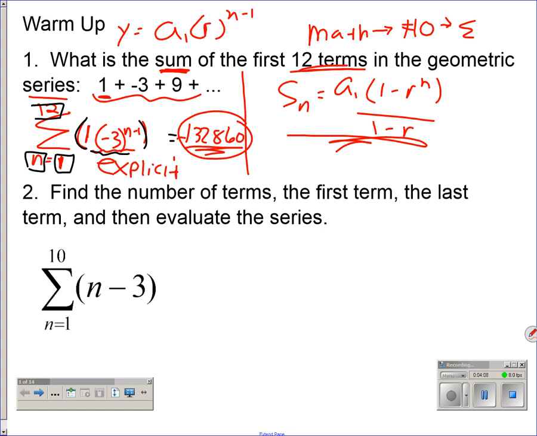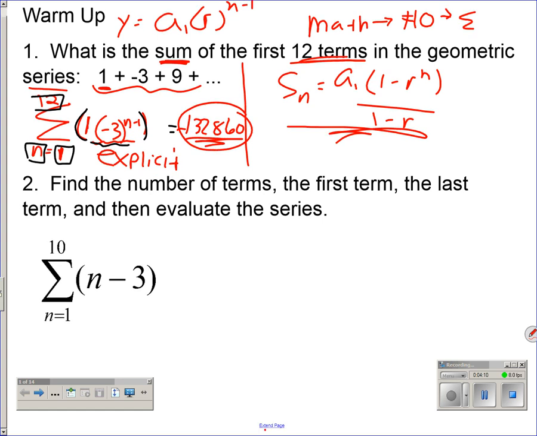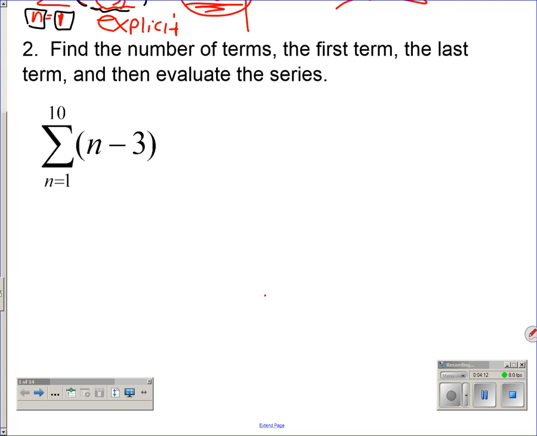Then number 2 is really just being able to interpret and understand what the sigma notation is saying. It says find the number of terms, the first term, the last term, and then evaluate. So let's start with the number of terms. How many terms do we have in this example? Yeah, 10. We're going from the first term to the 10th term.